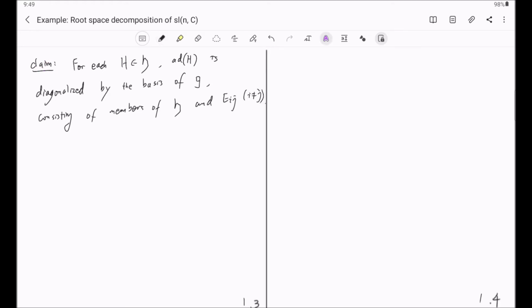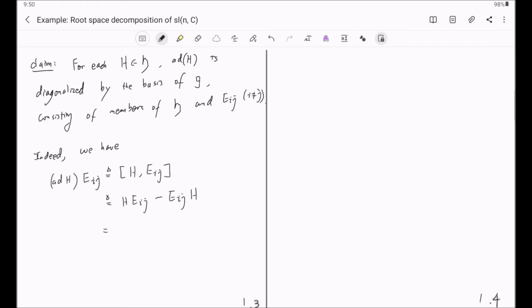Now let us verify this claim. Indeed, we have that ad h applied to E_ij by definition is this Lie bracket of h and E_ij. And the definition of this Lie bracket is h times E_ij minus E_ij times h.